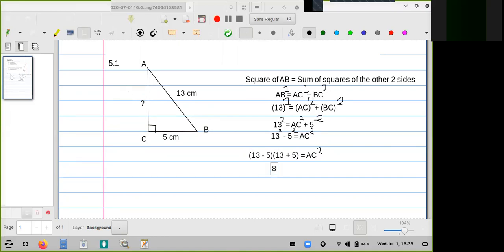Then 13 plus 5, we're going to get 18, which is equal to AC squared. All right.